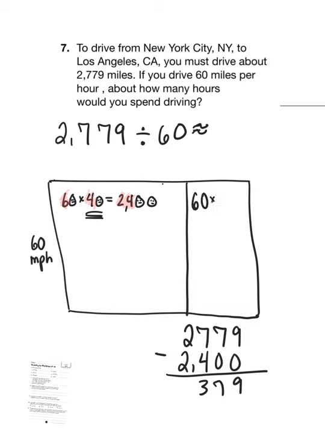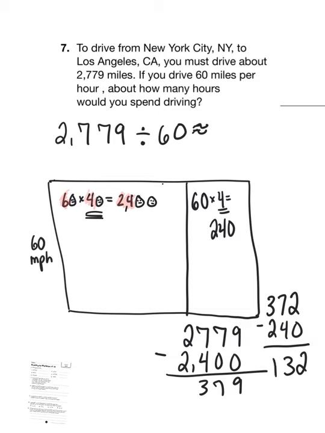So now I'm going to multiply 60 times 4, which would give me 240 more miles. So that would be 4 more hours of driving. So 379 minus 240 miles. Okay, now I've got 132 miles left to go.